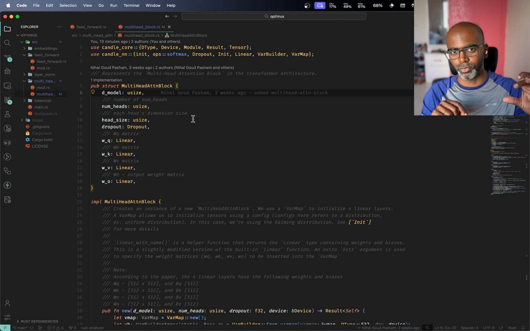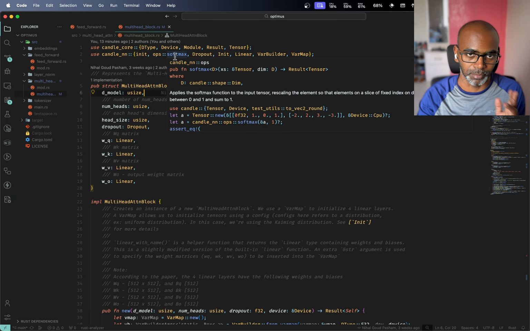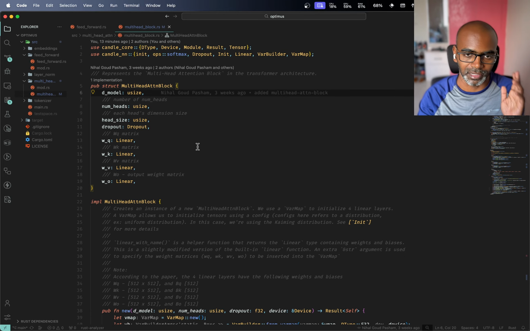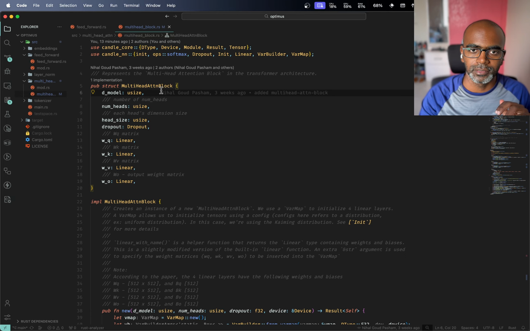For example, Candle core has the core operations and the core types, the core primitives. Candle NN has the NN related types and traits, etc. Softmax, for example, is an operation, and that's included in Candle NN. So we import both of them, and we basically build out our multi-head attention block.